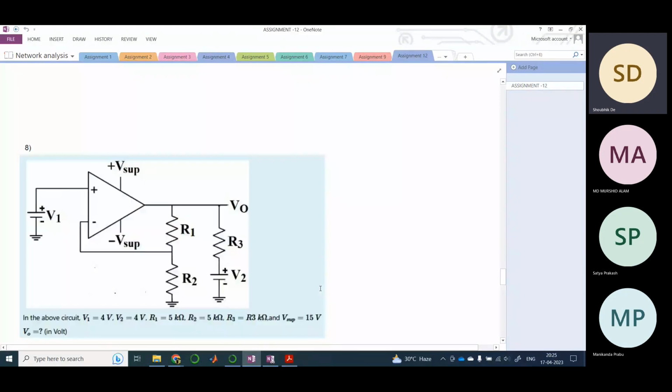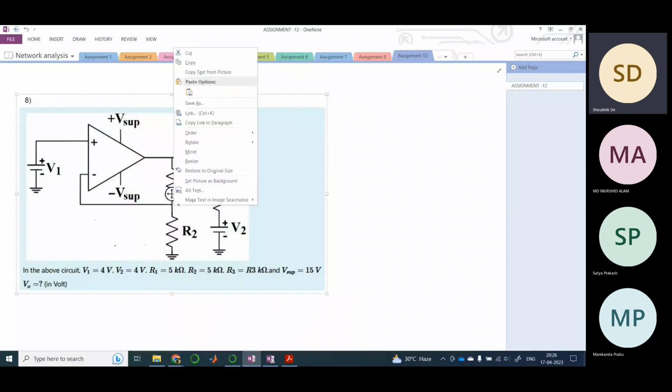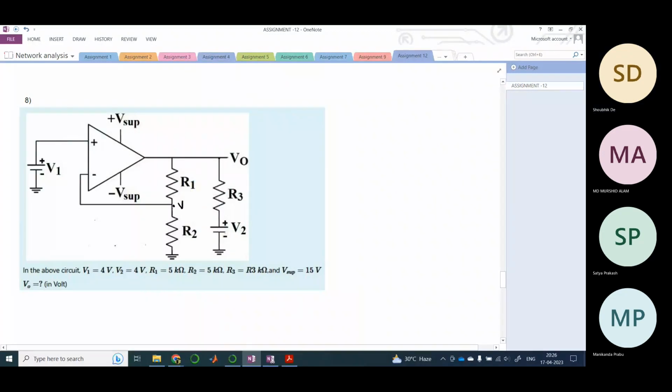And this problem is again very similar to the previous problem. V1 here would be here, so this is also V1. So we can redraw this something like this.